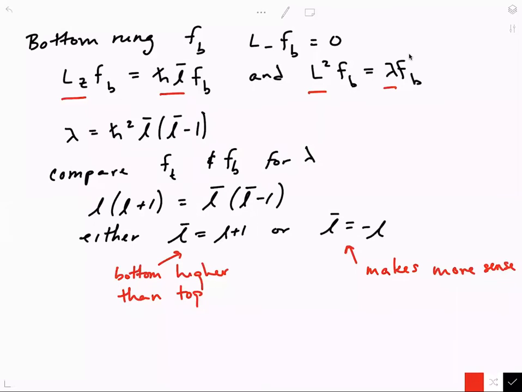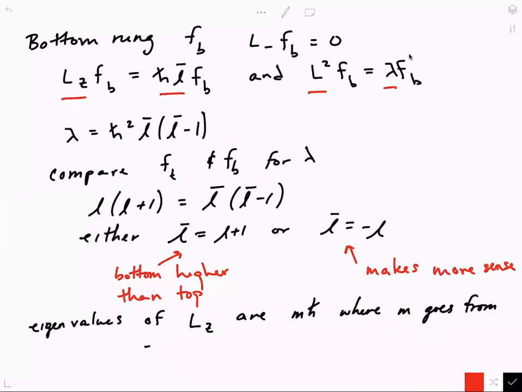And then we're going to say that the eigenvalues of our operator L_z are going to be an integer times h bar, where, and this isn't necessarily an integer, but it goes in integer steps, m goes from negative L to positive L in a certain number of integer steps.